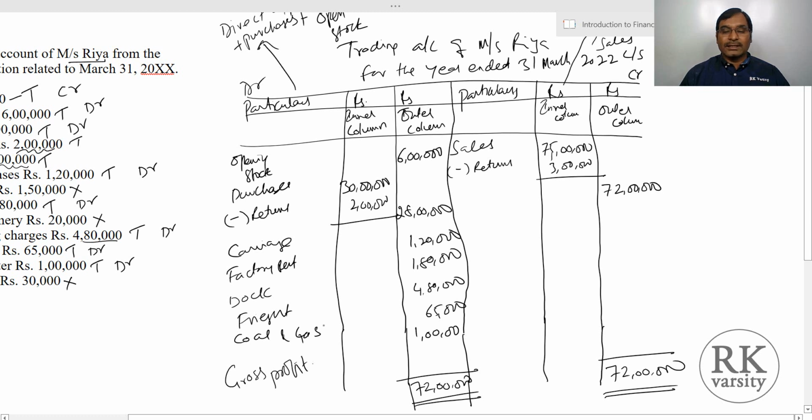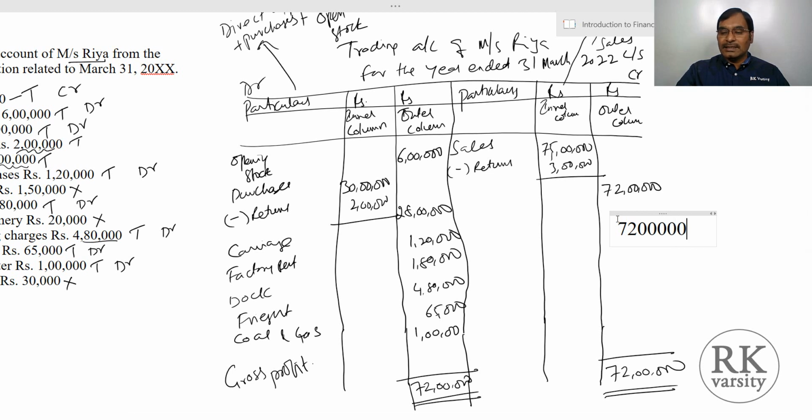So to calculate our gross profit, we use a formula calculator here. So 72 lakhs is our net sales.